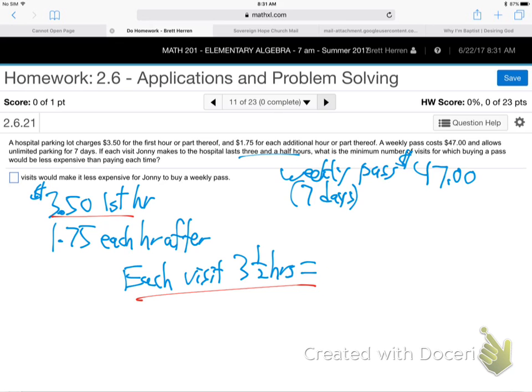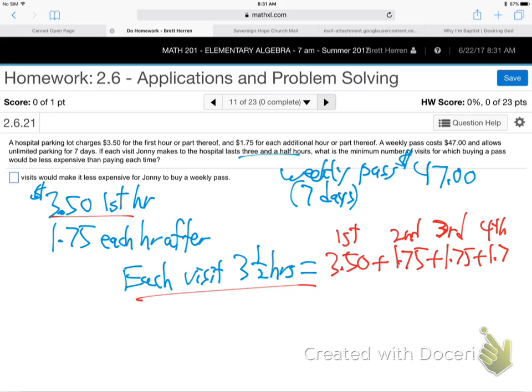It's $3.50 for the first hour. $1.75, so this is the first hour. The second hour. The third hour is another $1.75. And the half hour, he's got to pay the whole $1.75. That's what they said. Each additional hour or part thereof. So you break into the next hour, they're charging you the $1.75.